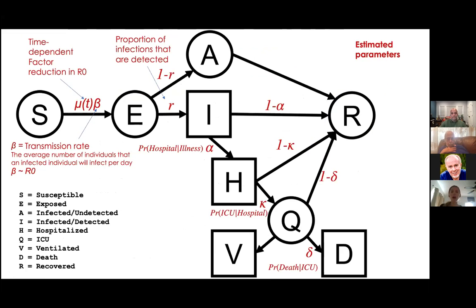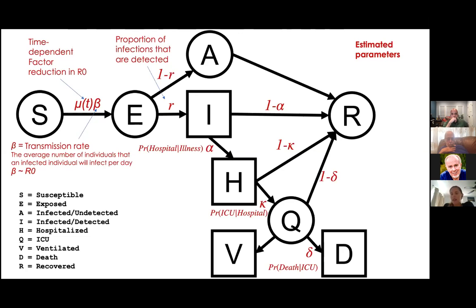So these, in red, are all the parameters that we're estimating. The key ones we're actually interested in are all of these, but the most important for transmission is for individuals moving from susceptible to exposed, and really to each of the infected classes, being the observed infections I or the unobserved infections A. This is caused by the transmission rate, defined as the average number of individuals that an infected individual will infect per day.